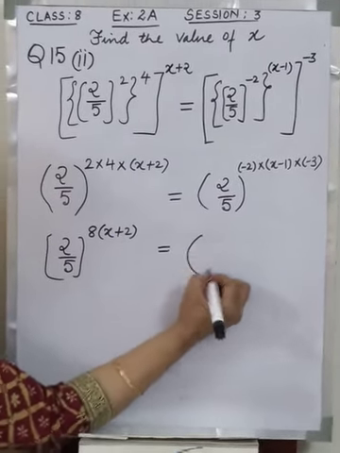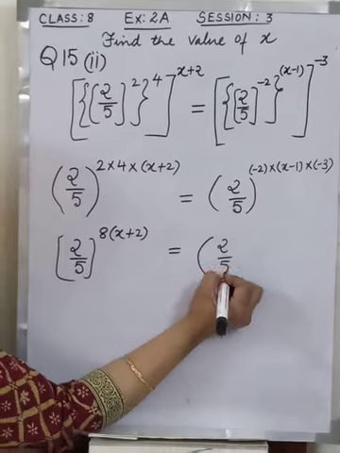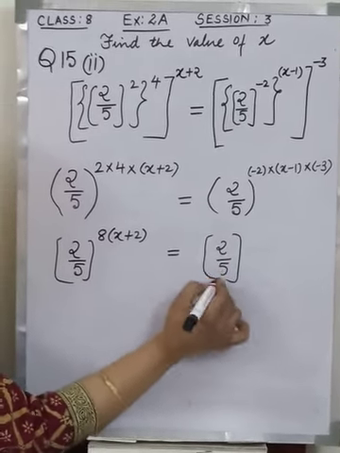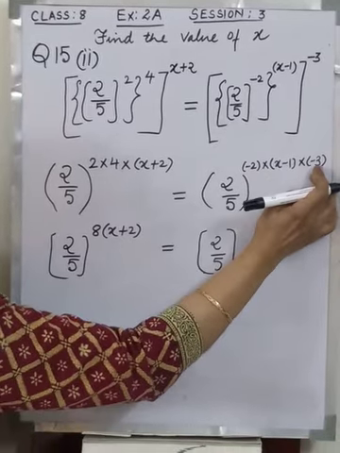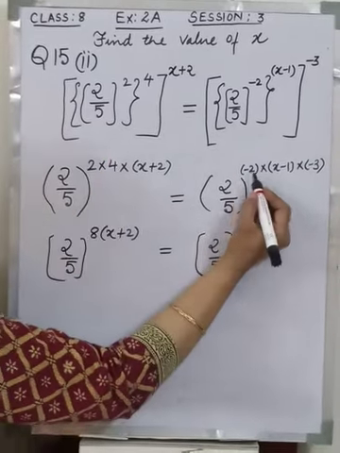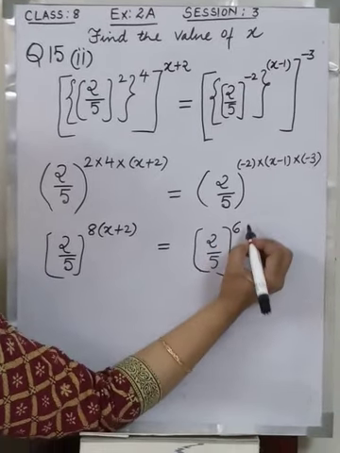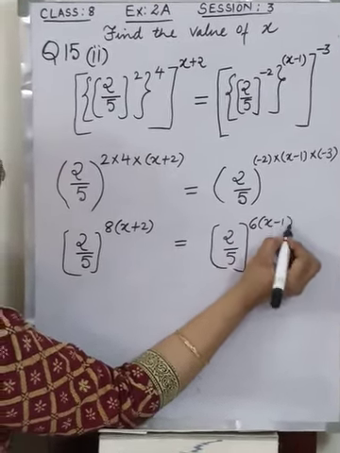What we'll get here? Minus 2 into minus 3 will give you plus 6. Minus and minus will become plus. 3 2s are 6. 6 into x minus 1.